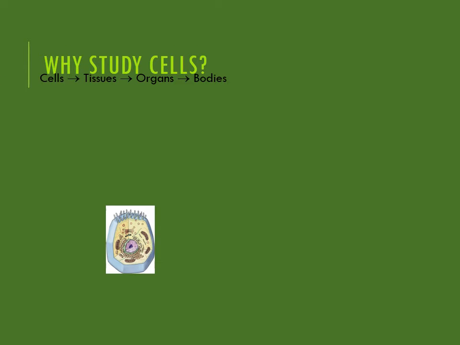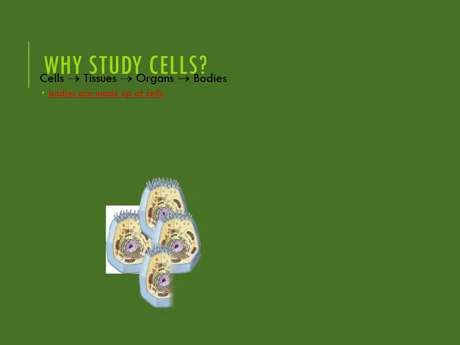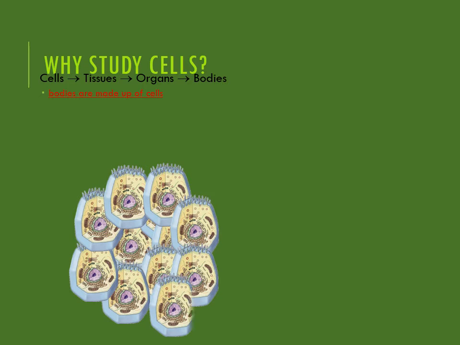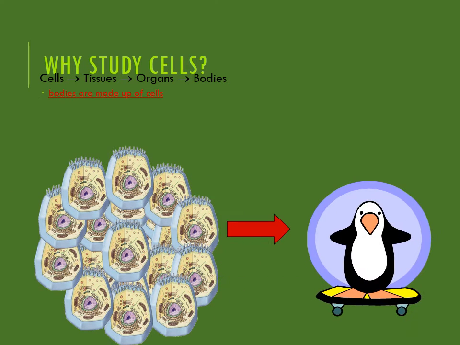Well, because cells actually form tissues, and tissues form organs, which give rise to bodies, which are pretty much made up of cells. And then all those cells actually give rise to the organisms. And the cells do all the work of life to maintain the functionality of that overall organism.